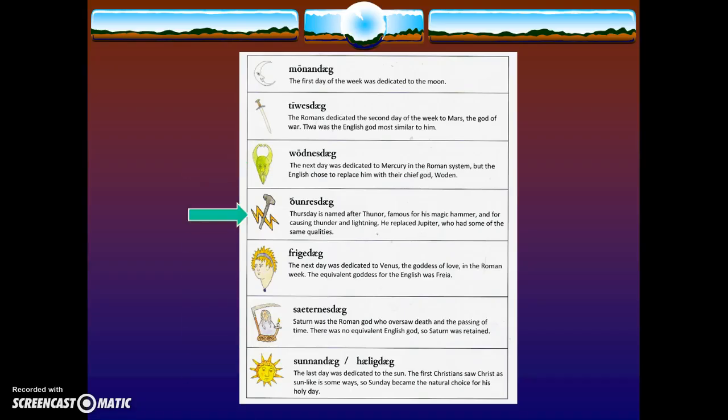Then we have Thor's Day, or Thursday, which is named after the god Thor. Then we have Friday, or Freya's Day, which is named after the goddess Freya. Then we have Saturday, which is named after Saturn, who's actually a Roman god. And then Sunday, which you could probably already guess, is named after the sun.